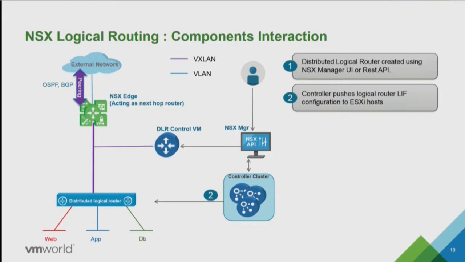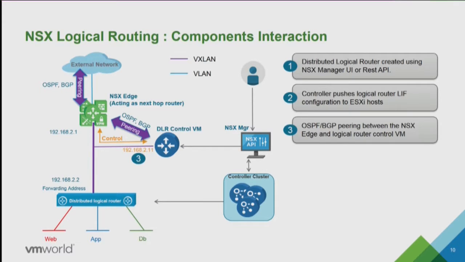At the same time, the manager is deploying the DLR control VM because, as its name mentions, it's a VM. So we have to deploy this VM, contrary to the DLR itself, which is just in kernel. As soon as this is done, the user is configuring a dynamic routing protocol here, to learn information from the edge, which itself learns information from the external world.